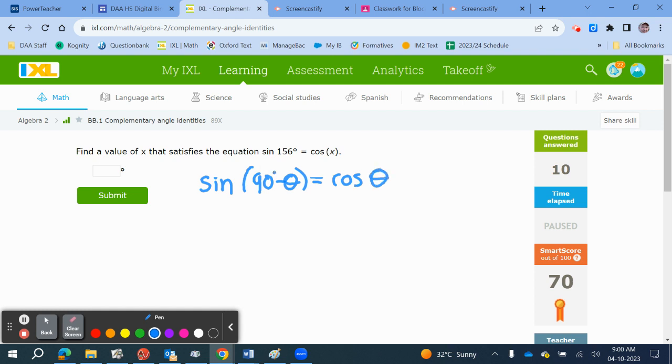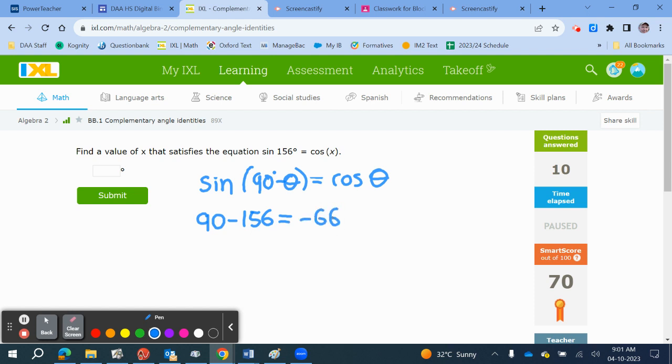So if we take 90 minus 156, we are going to get minus 66.